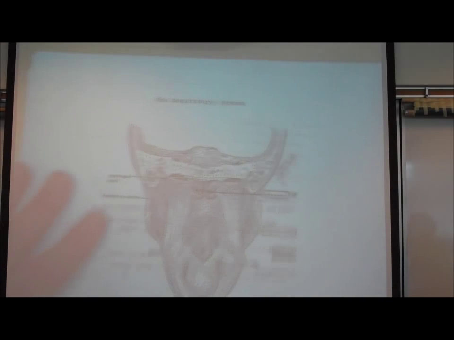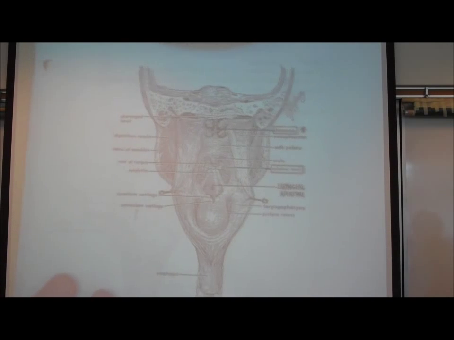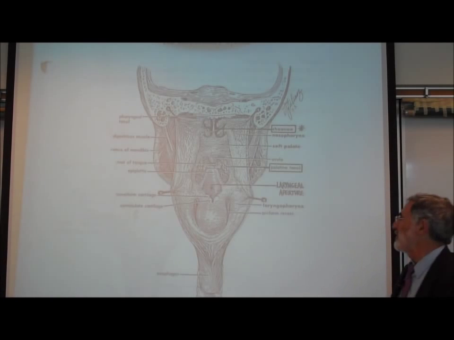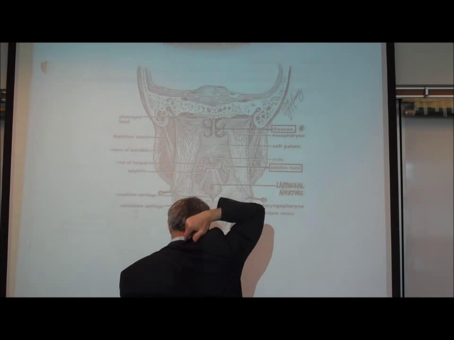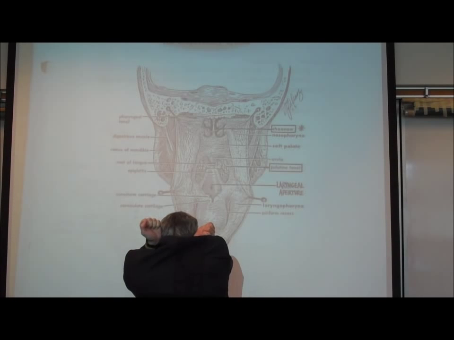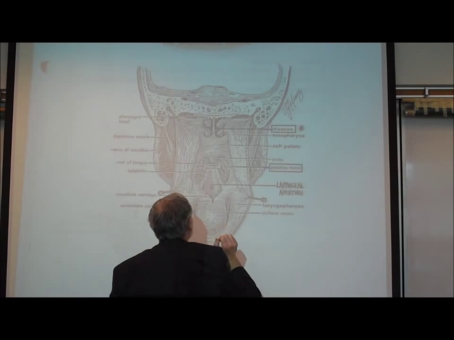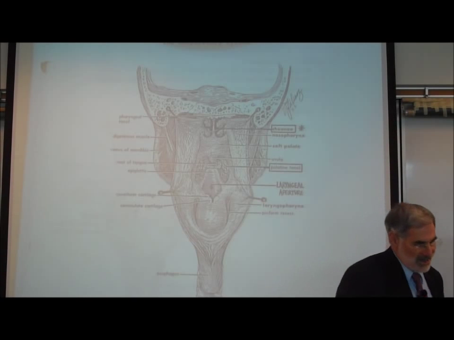On K5, we've seen this picture before. You might say, I don't even know what this is. This is that view of the back of somebody's neck where they made an incision and they spread open their neck on the back side to see the throat from the back.